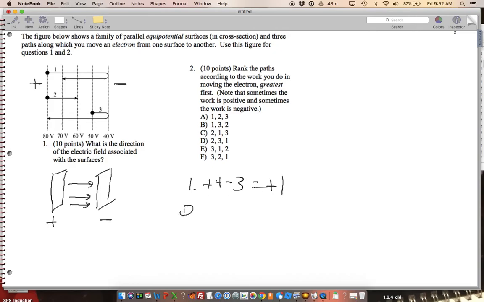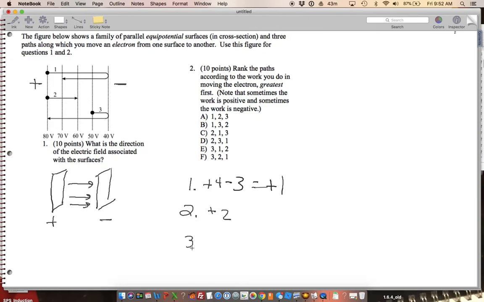So I'm going to have a positive 1 value here. If I think about electron 2, I'm going to have to do work of plus 2, because I'm just going 2 spots, and I'm going to have to push it because the electron doesn't want to go to the negative surface.